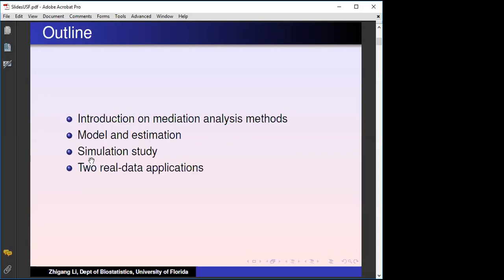One of the real study applications is on human microbiome, and the other one is on mice microbiome. The mice microbiome study can be considered as a randomized trial.